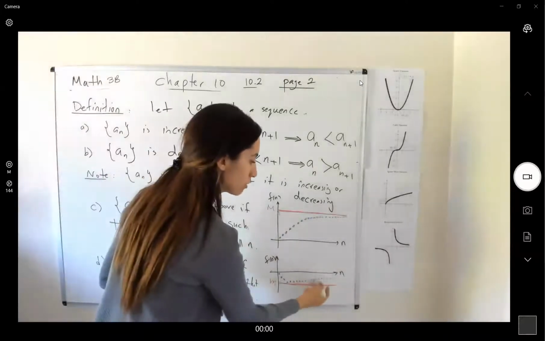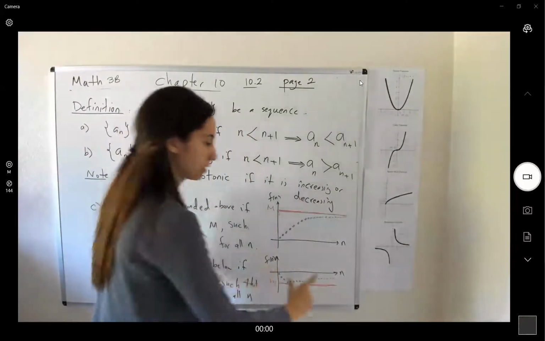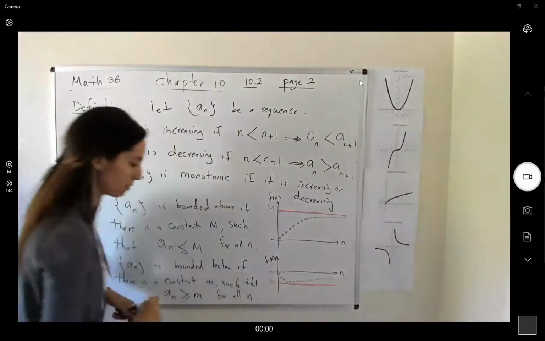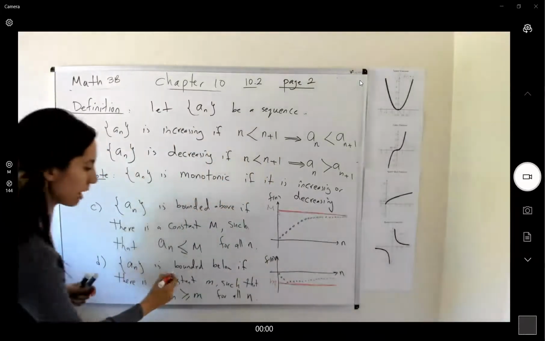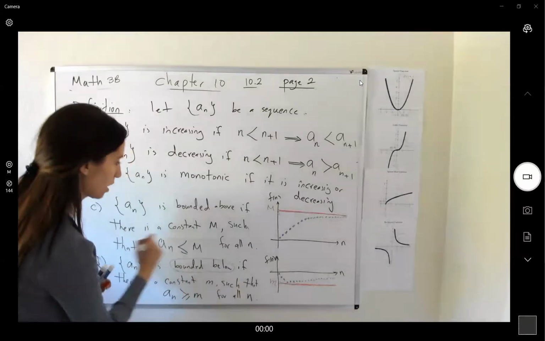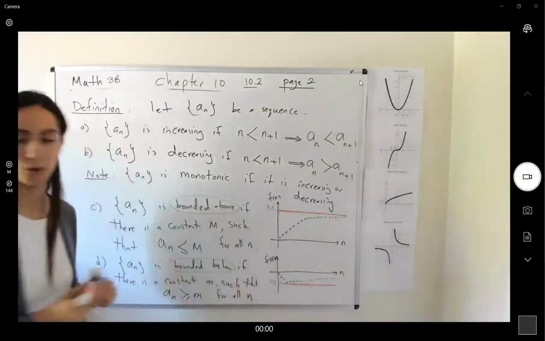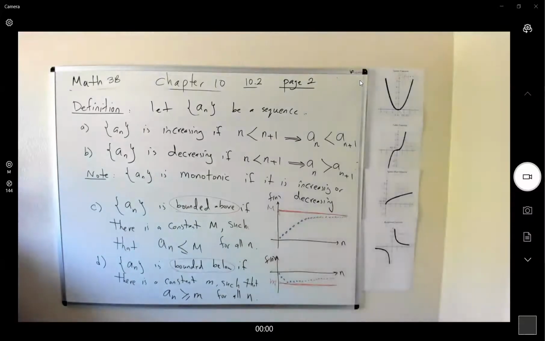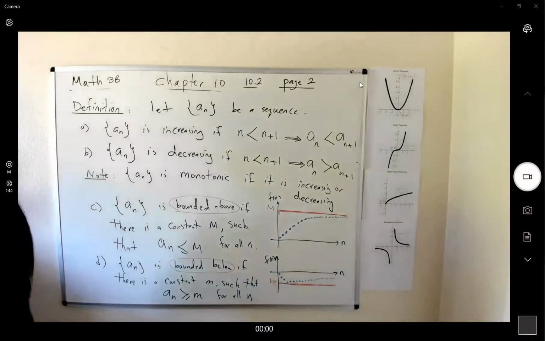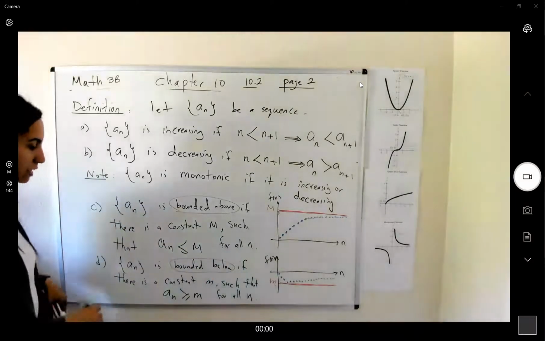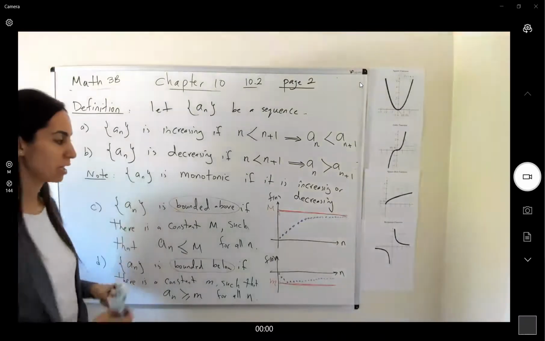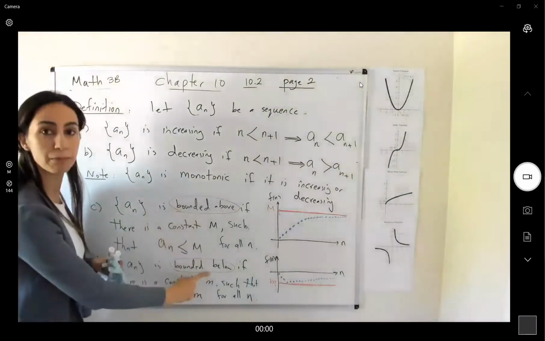All of the terms are greater than this constant m, and we say that it is bounded below. So bounded above and bounded below. In general, we say that a sequence is bounded if it's bounded above and bounded below.